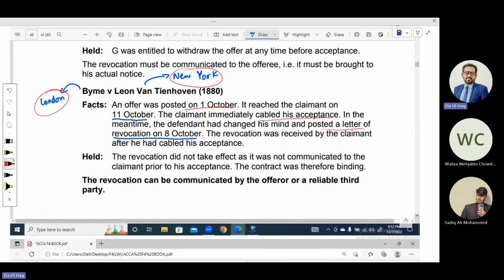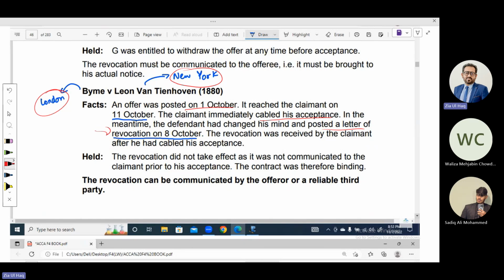And on 8th of October, the offerer revoked the offer because it was not accepted. The revocation was received by the claimant, the offeree, after he had cabled his acceptance. Obviously, if he revoked on 8th October, it will reach the offeree after 11th October. Even on 8th October, the acceptance had not reached the offerer.